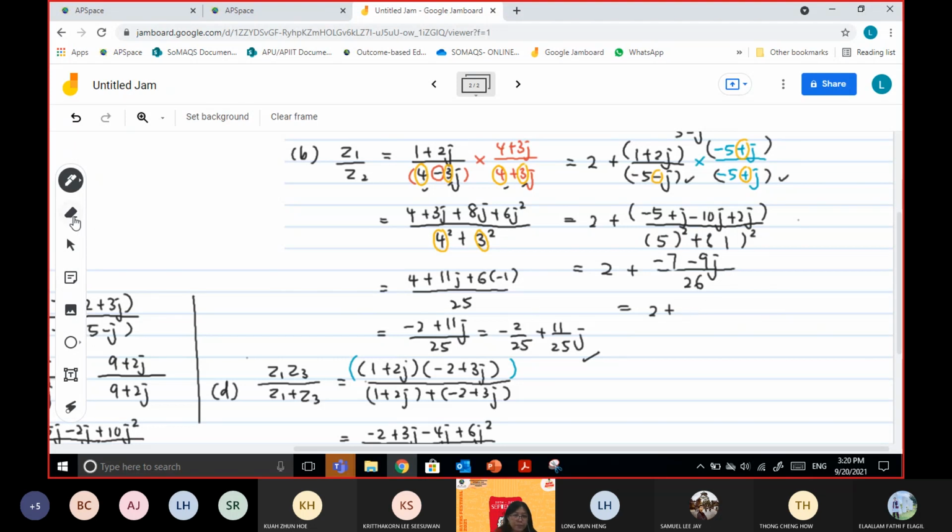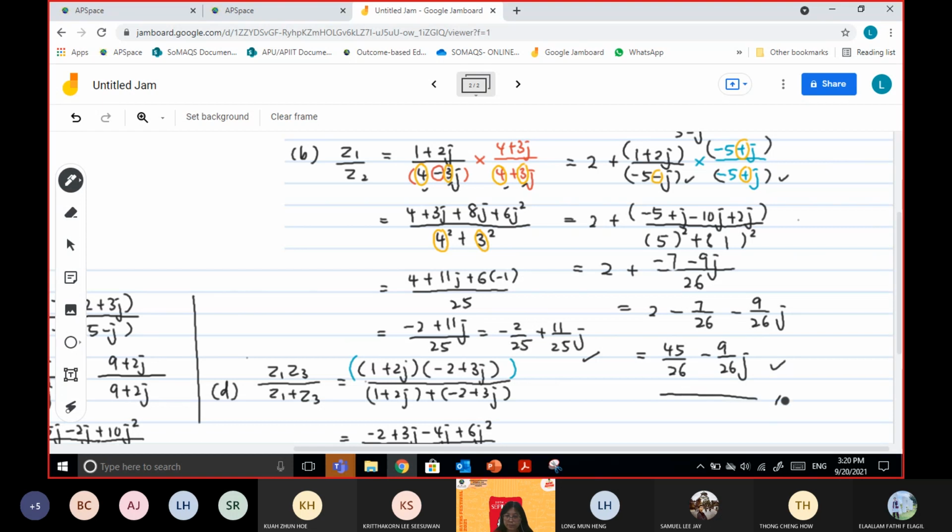We still have another real number, minus 7 over 26, minus 9 over 26j. So 2 minus 7 over 26, we can simplify it. I get 45 over 26, then minus 9 over 26j. So this is the answer.